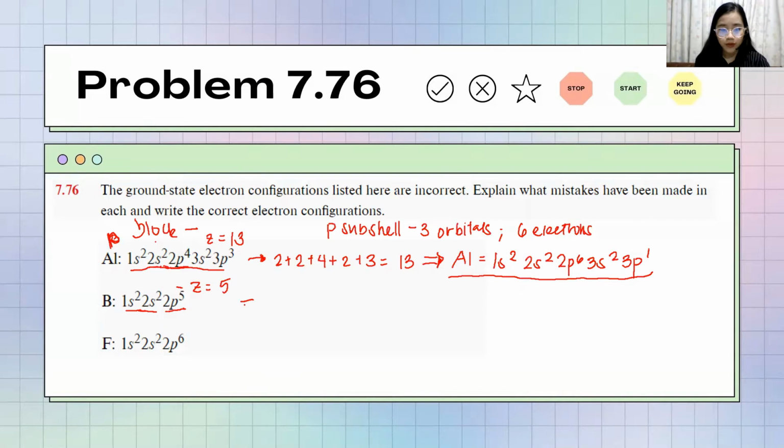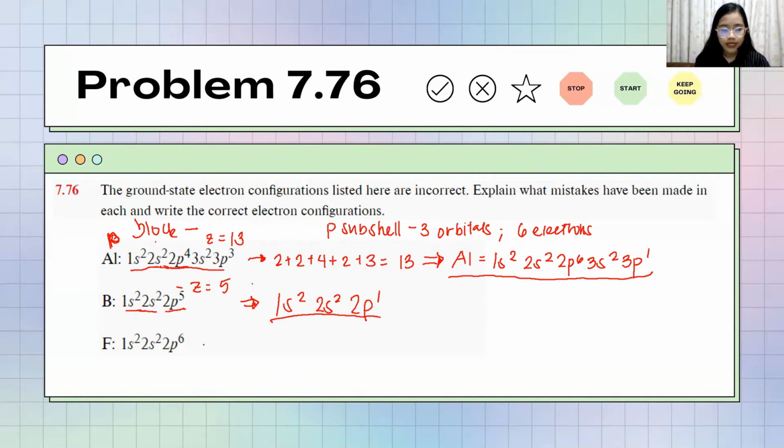So the correct electron configuration of boron is 1s2, 2s2, 2p. Since 2 plus 2 is 4, there is only one electron left, so this would be 1. The correct electron configuration of boron is 1s2, 2s2, 2p1.